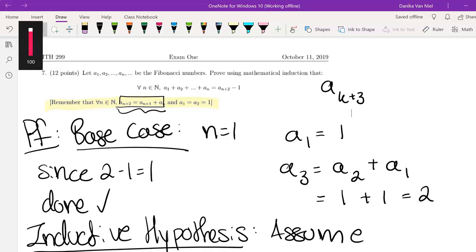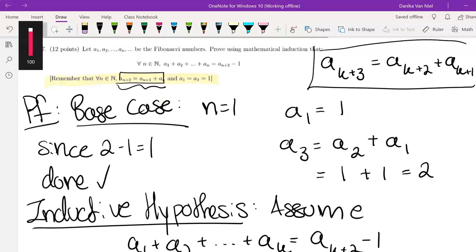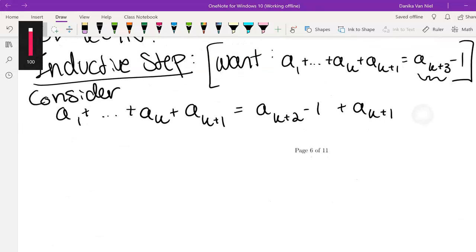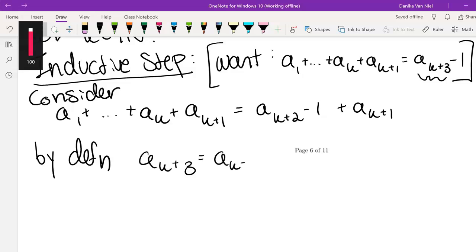Then we would have ak plus 2 plus ak plus 1. All right, cool. So let's write that down here. So by definition, ak plus 3 equals ak plus 2 plus ak plus 1.